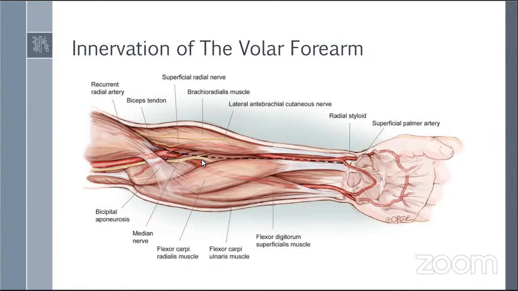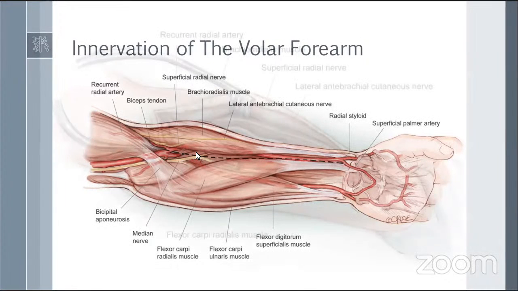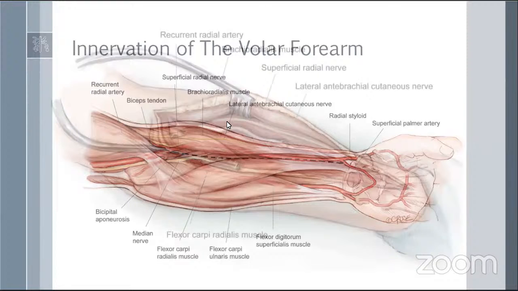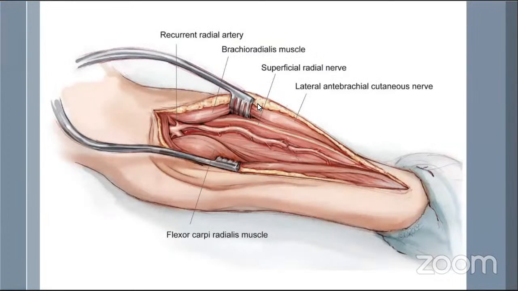So if you go a little bit medial, you will avoid injuring it. Also, you should avoid excessive retraction because it could injure the lateral antebrachial cutaneous nerve and also the superficial radial nerve. The superficial radial nerve also can be injured while dissecting the radial artery and its side branches.